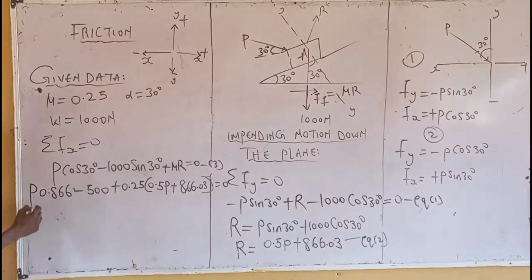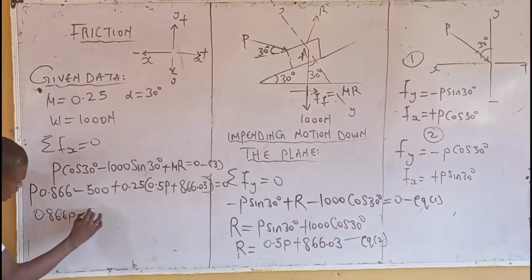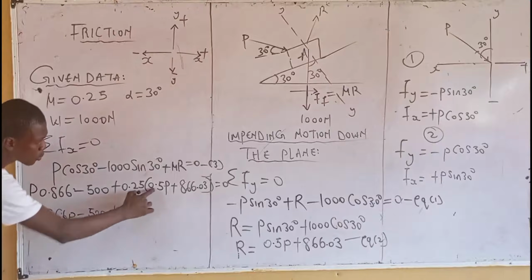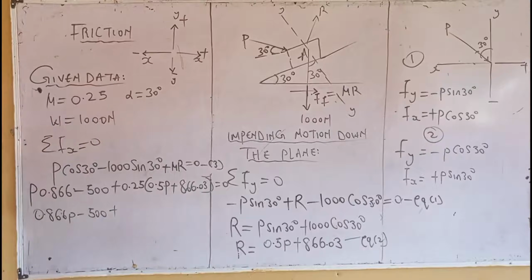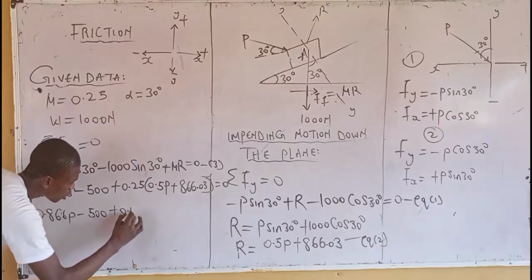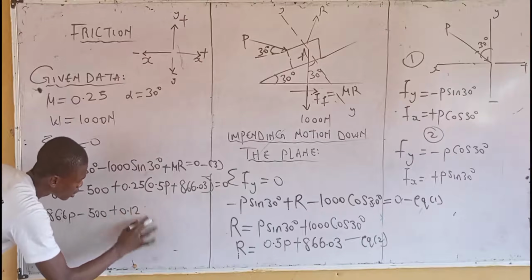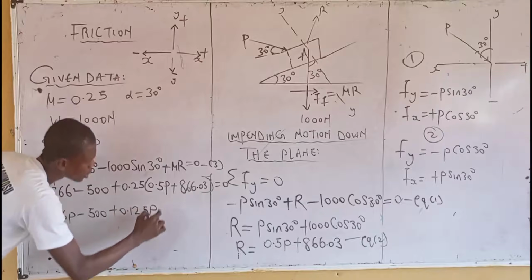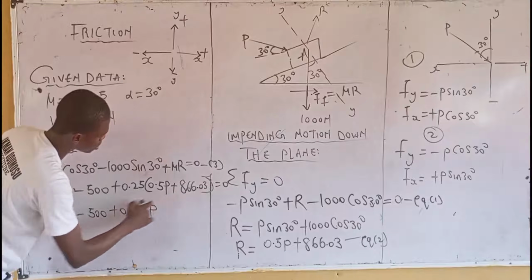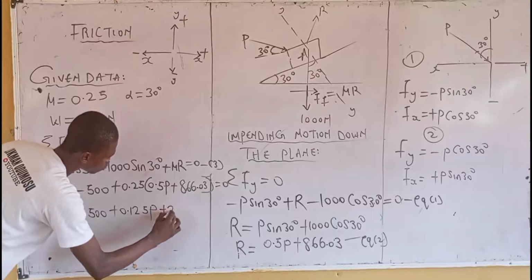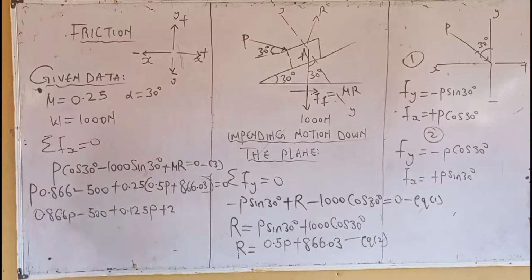Okay, from here we then have 0.866p minus 500 plus, open up your bracket, what do you have? 0.125p plus 216.51. Not minus, it's plus.